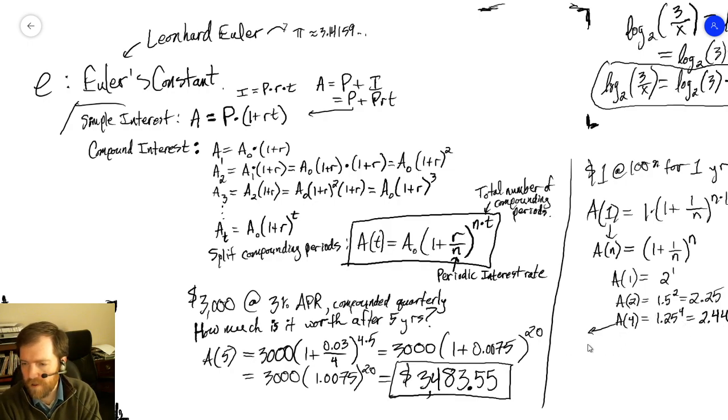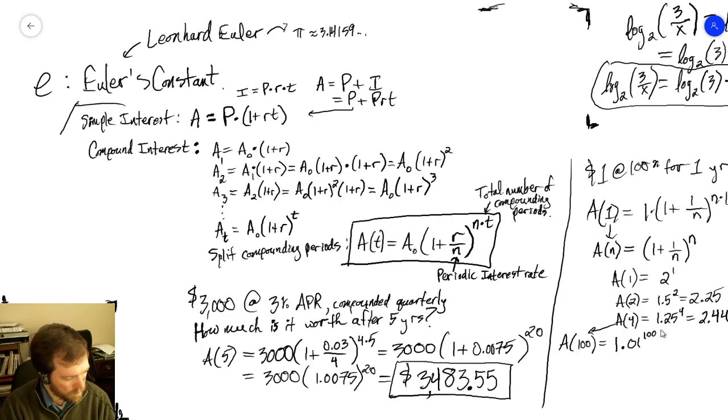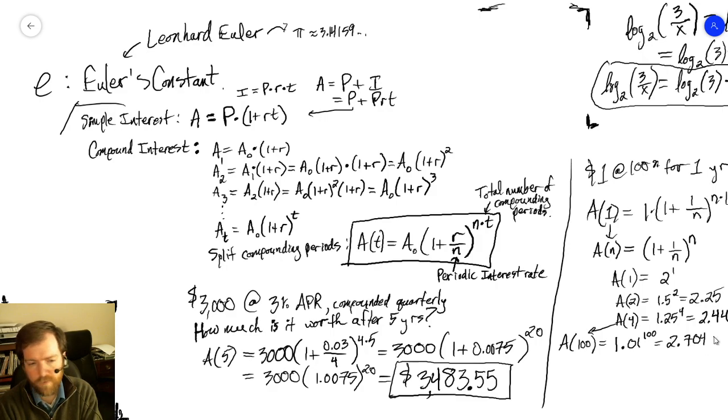So what about A of 100? Now we get 100 compounding periods in a year. This is now going to be 1.01, 1 and 100th, raised to the 100th power, which is 2.7048138, and some more stuff beyond that.